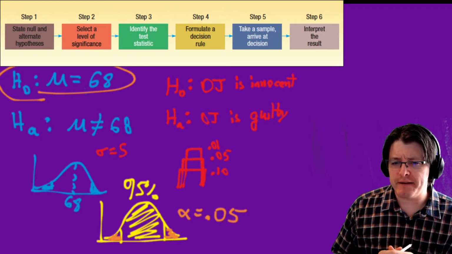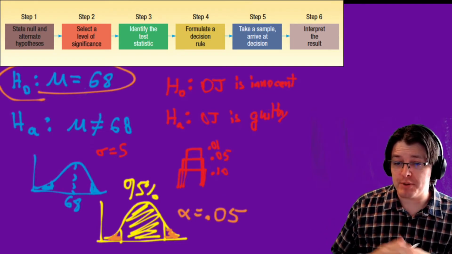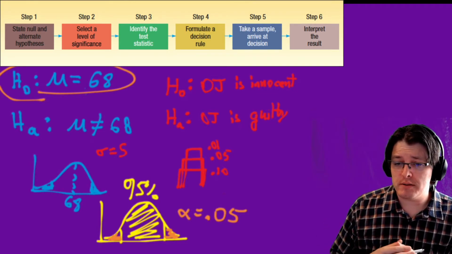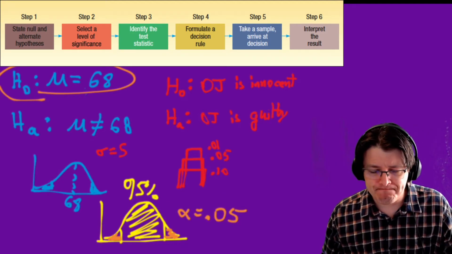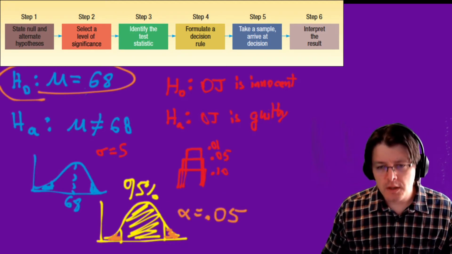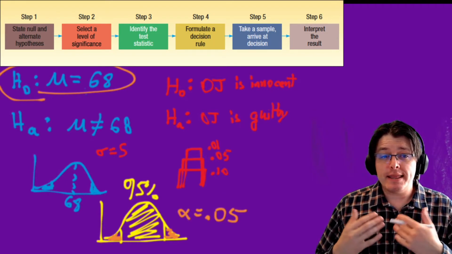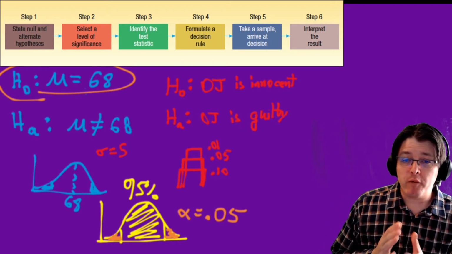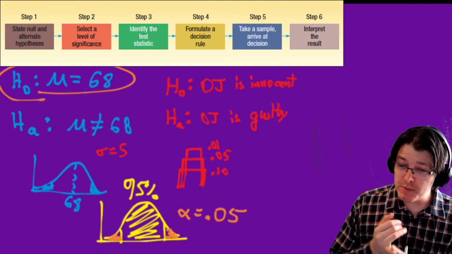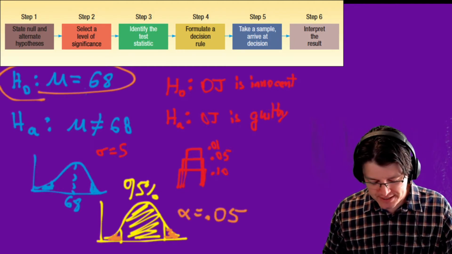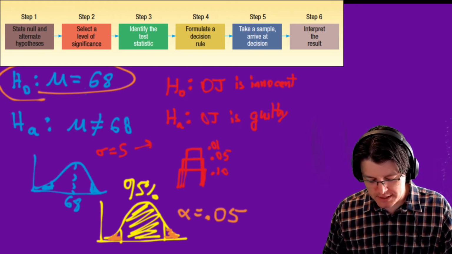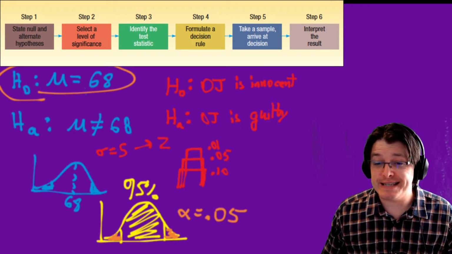Specifically, we'll go through some factory sampling tests where we would have at least a good feel for the population standard deviation. So if we know that, we can then turn to step 4 and formulate a decision rule. Because we know the population standard deviation, this means that we're likely using a z-test.